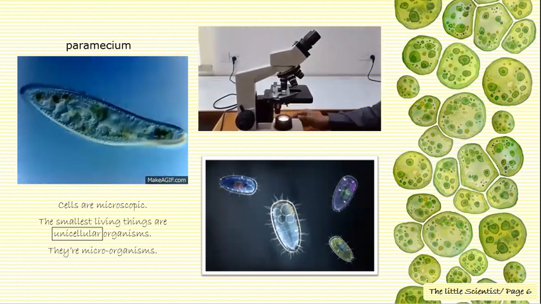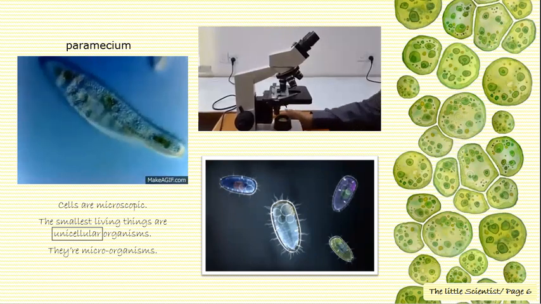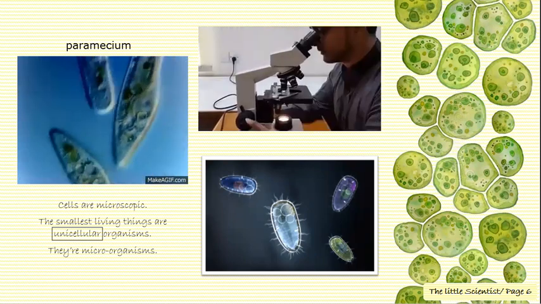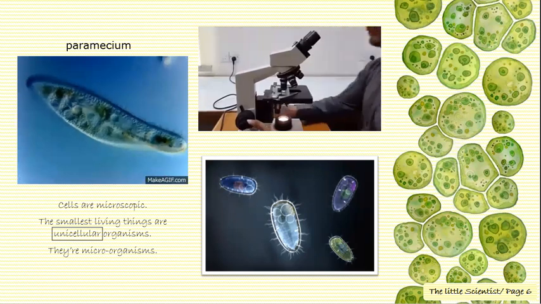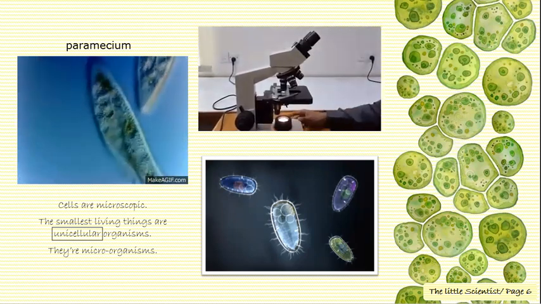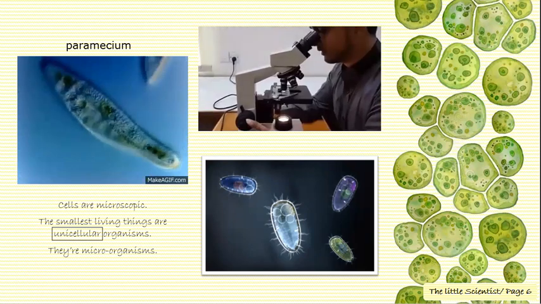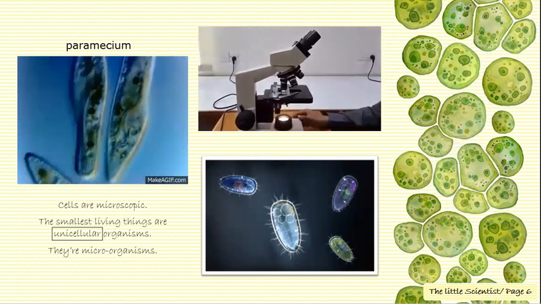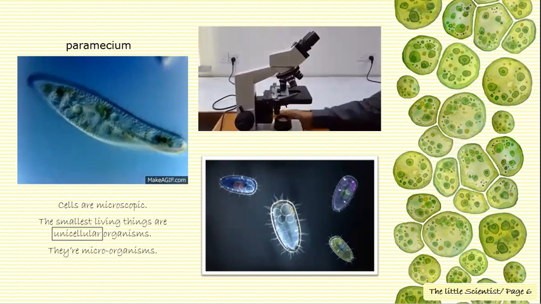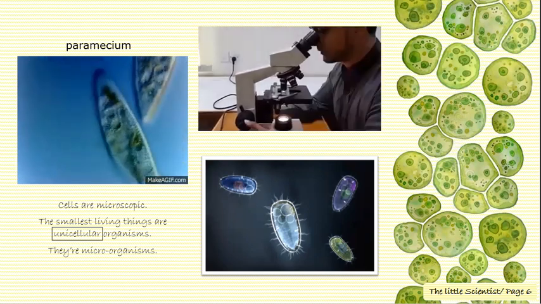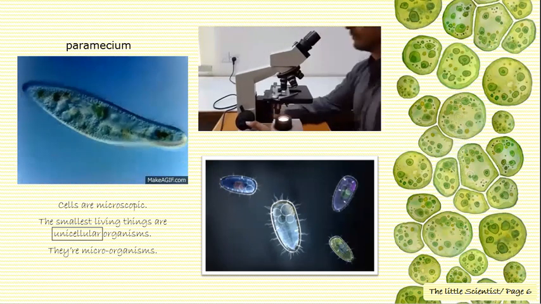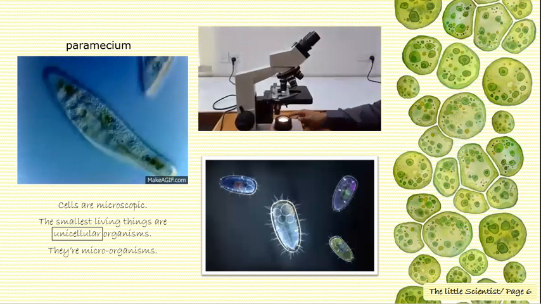Okay, again, cells are microscopic. We will need a microscope to observe them. Also, it's true that our bodies are made out of an endless number of cells, but in nature, there are unicellular organisms or microscopic organisms that live equally, okay?